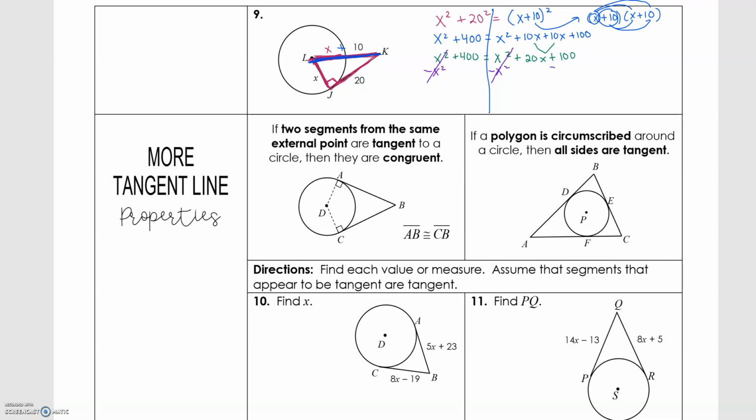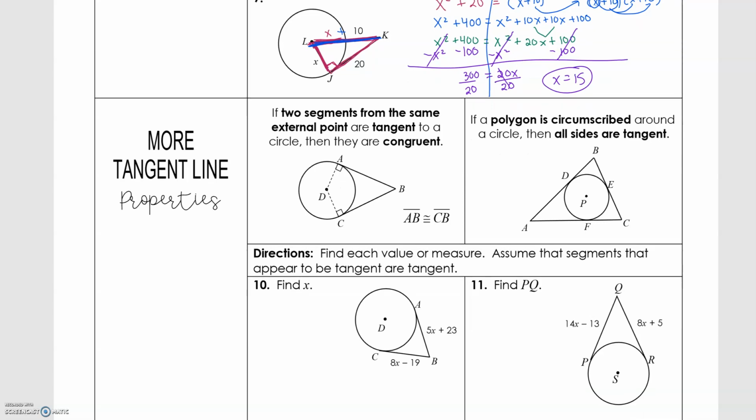And then I'm going to take away 100 on this side and take away 100 here. So 400 minus 100 is 300. And then on this side, all I have is 20x divided by 20. And I get x equals 15. Okay, I thought I was going to have to factor that one. So I guess it wasn't as bad as I thought, but okay.